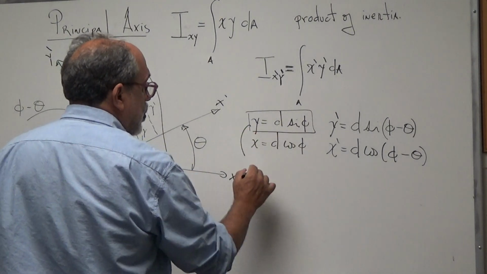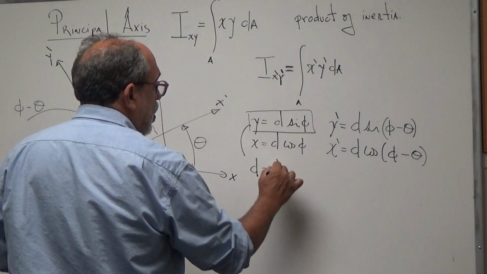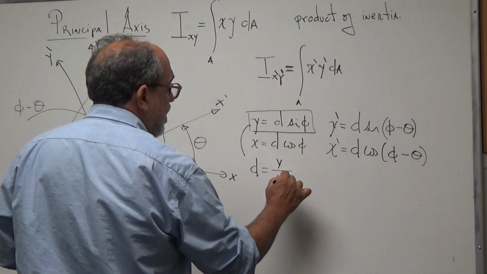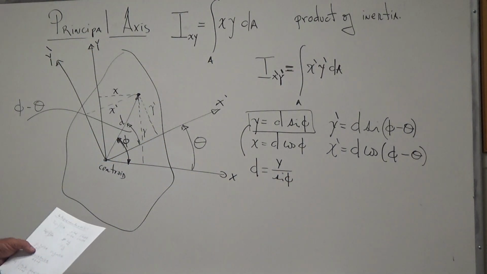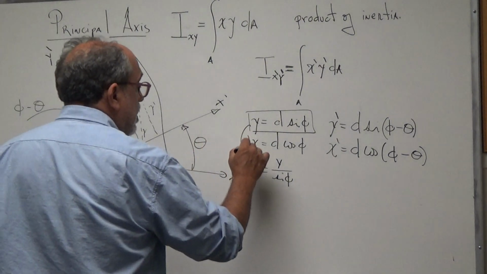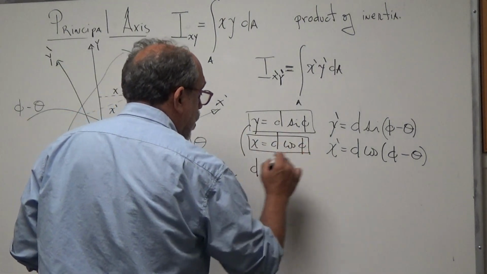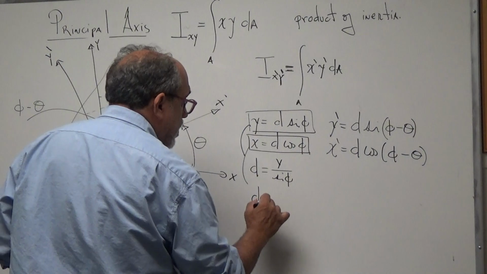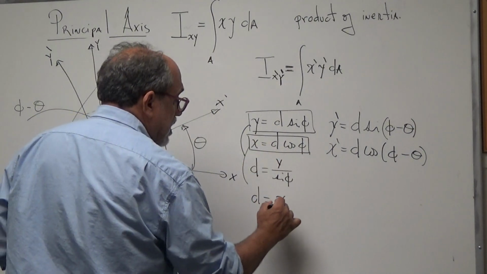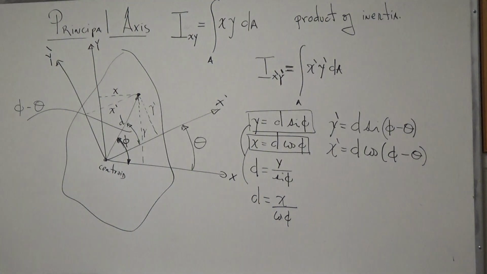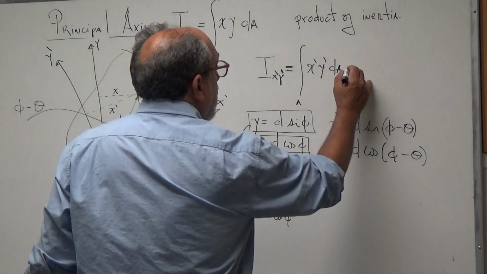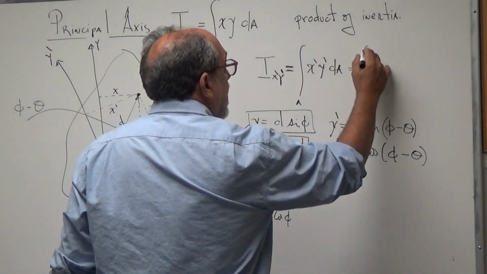So from this expression, we're going to say d is equal to y over sine of phi, right? And from this expression, we're going to get another one that says d is equal to x over cosine of phi. That's obviously true.